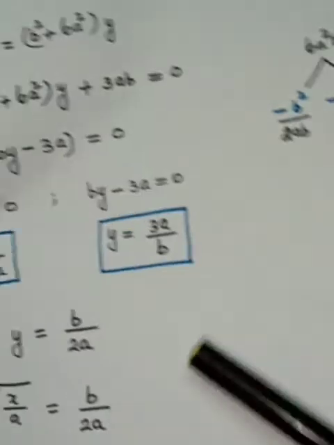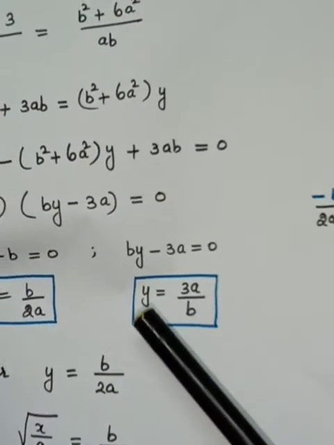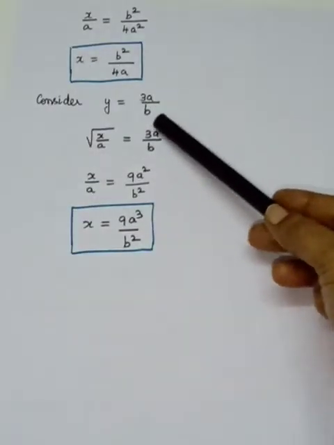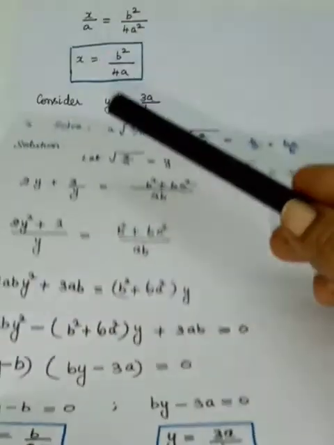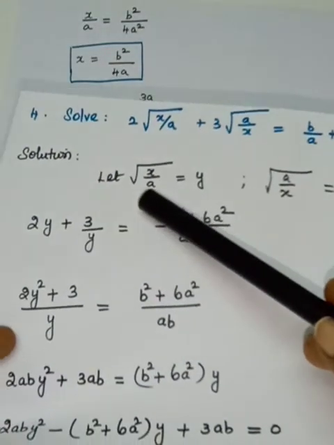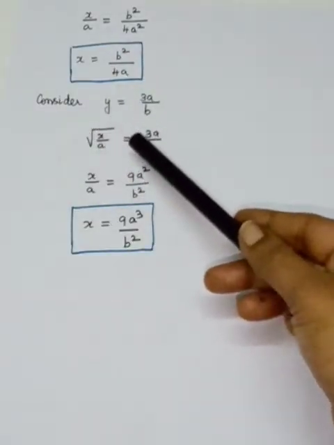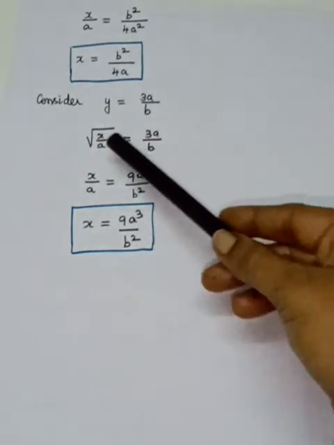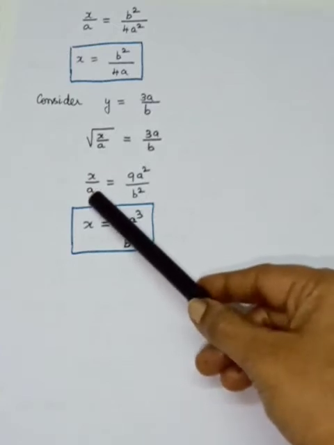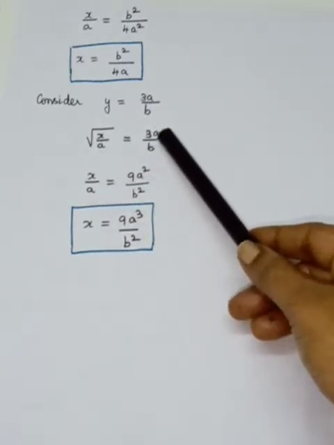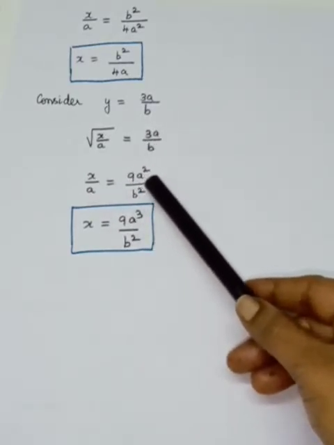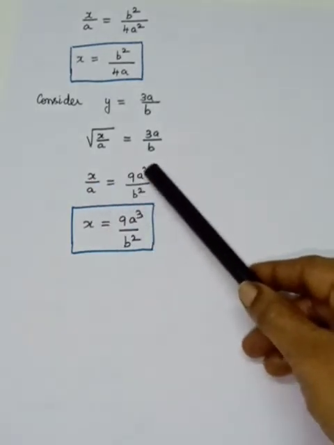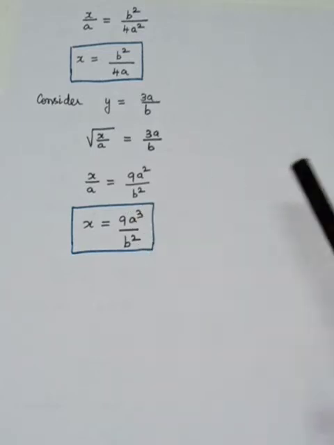Take the next value of y. y is equal to 3a by b. In the place of y, what you have to substitute? Your y is square root of x by a. So square root of x by a is equal to 3a by b. Squaring on both the sides, it will become x by a is equal to 3a the whole square, which is 9a squared by b squared. So if you multiply a with the numerator, it is 9a cube by b squared.